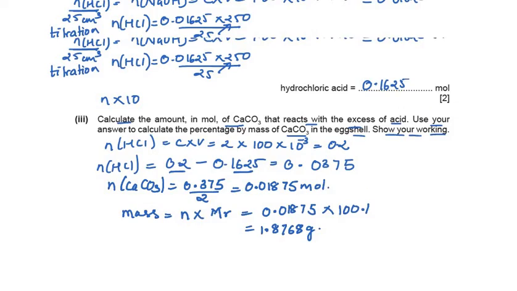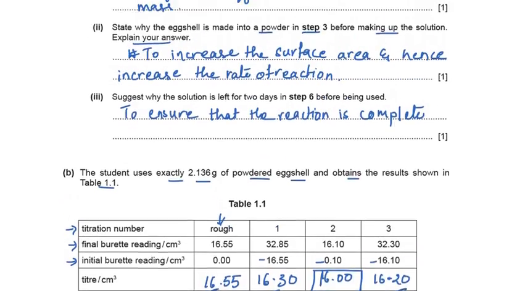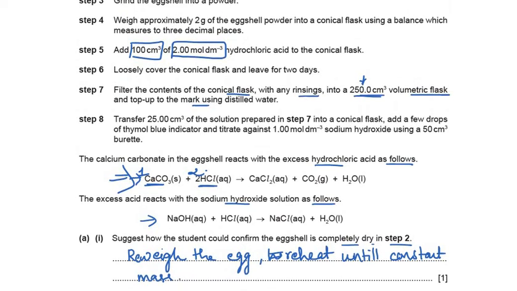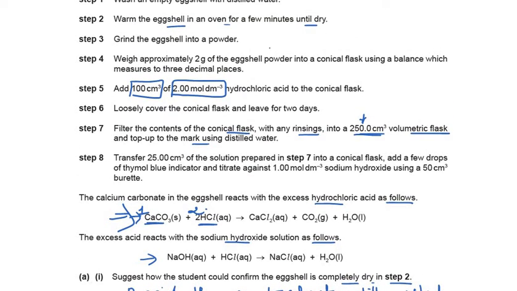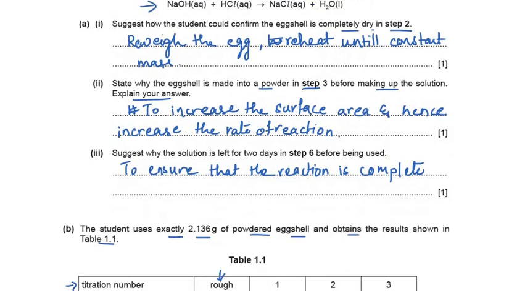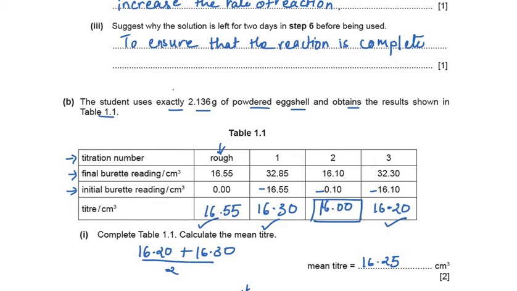Now let's find out what the mass of eggshell was which we had used. Looking at the whole method, it says weigh approximately 2 gram of eggshell, and if we read further, we find that the student used exactly 2.136 gram, which is specified here.